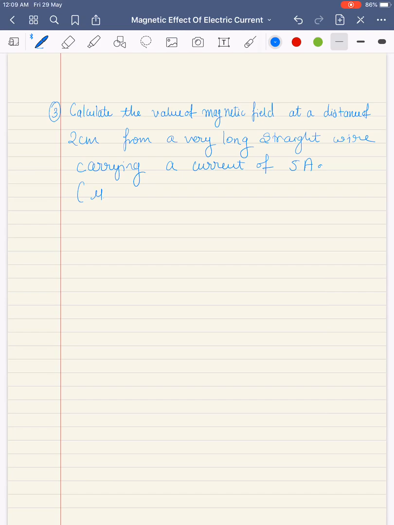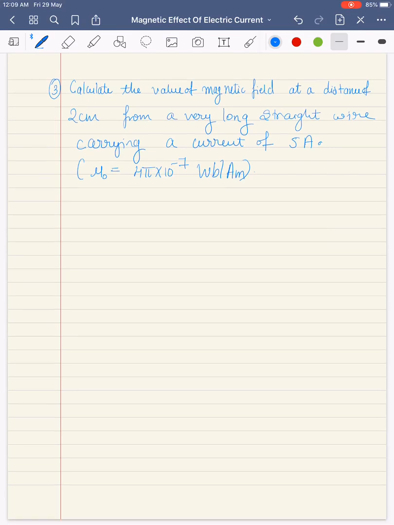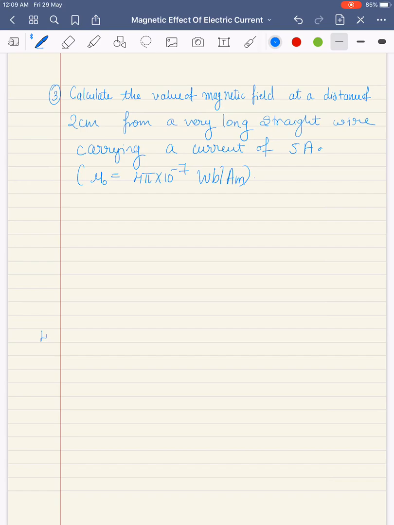What is basically given is the mu naught value, that is 4 pi into 10 raised to minus 7 Weber per ampere meter. Okay, so you need to calculate it, so use the Ampere's law. Okay, and the next sum, that is question number 4.